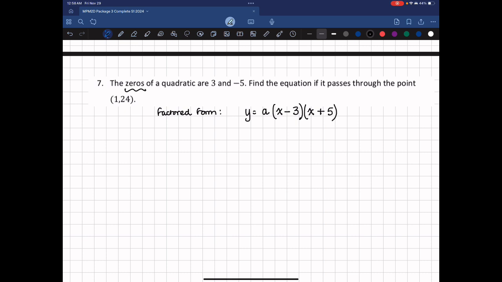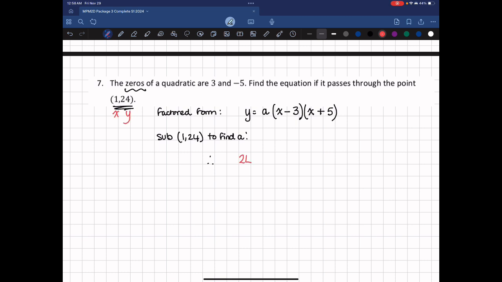And now we've got this extra information that it passes through this point, so we'll just use that to sub in 1, 24 to find a. I'm communicating what I'm doing. Therefore, in place of x we have 1, in place of y we have 24.